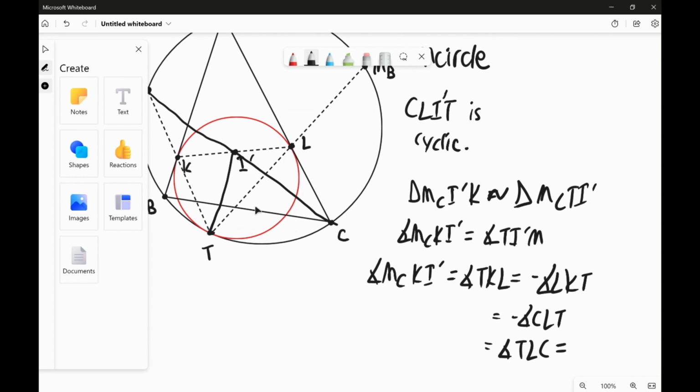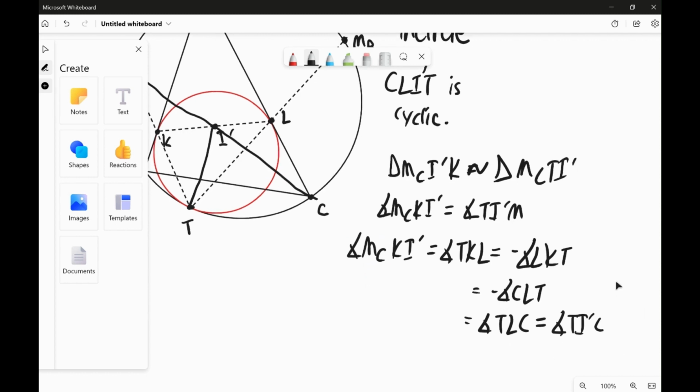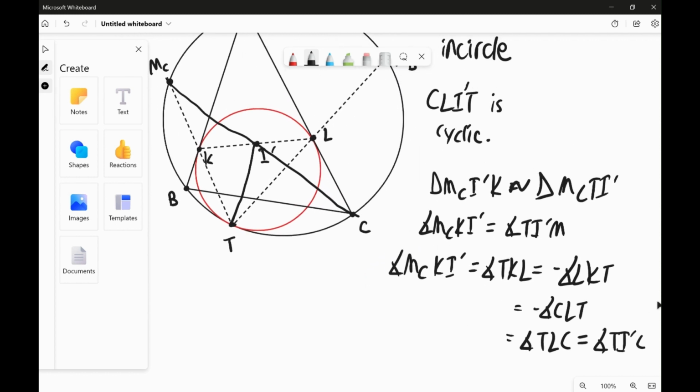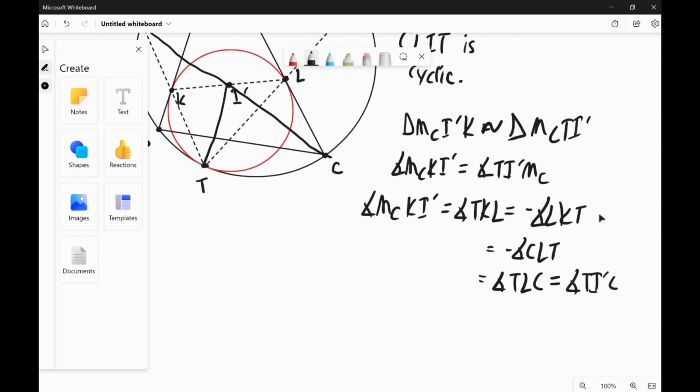And finally, we have a directed angle TI prime C, because CLI prime T is cyclic. So directed angle TI prime C. And since MC lies on line CI prime, we have that this is equal to directed angle TI prime MC, as we needed.